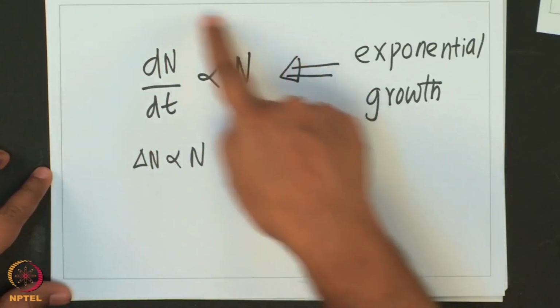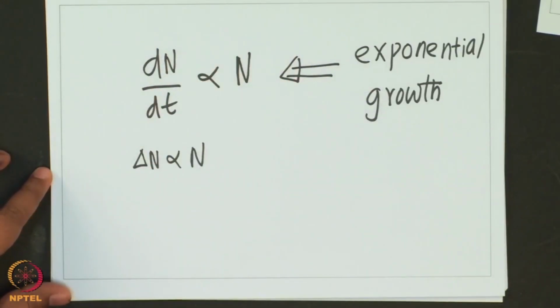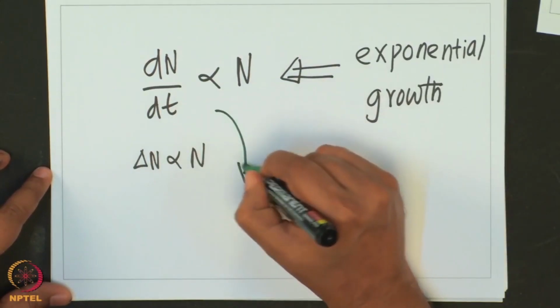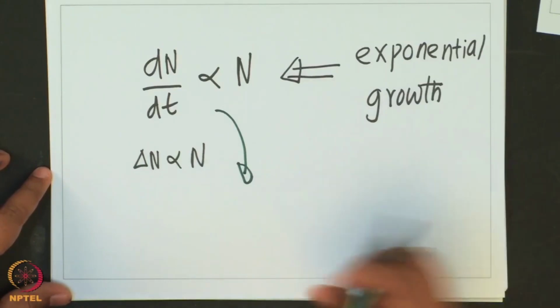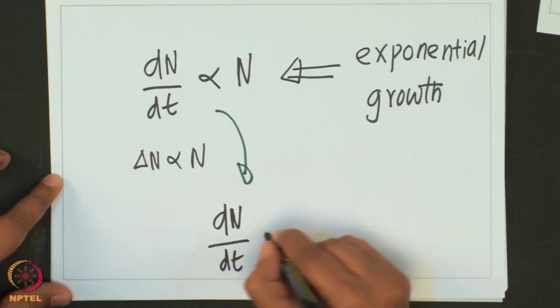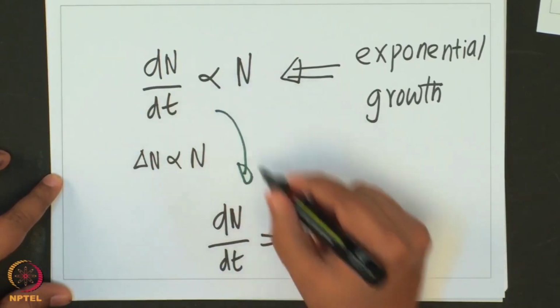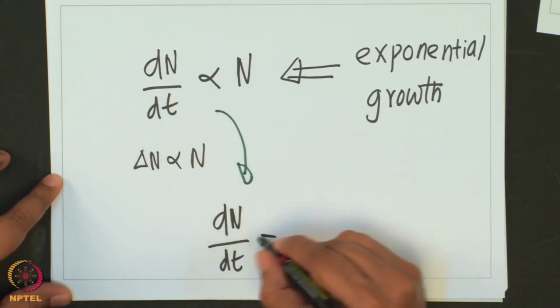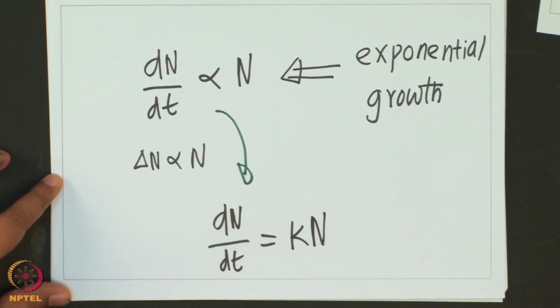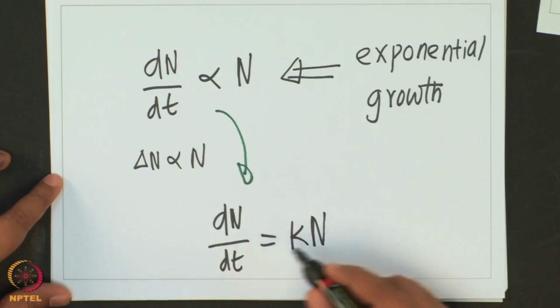So once we have this, I can convert this to an equation. So this thing, I could write as an equation, which is dn by dt, and proportionality I could write as equal to, with a proportionality constant, times n. So dn by dt is equal to kn.